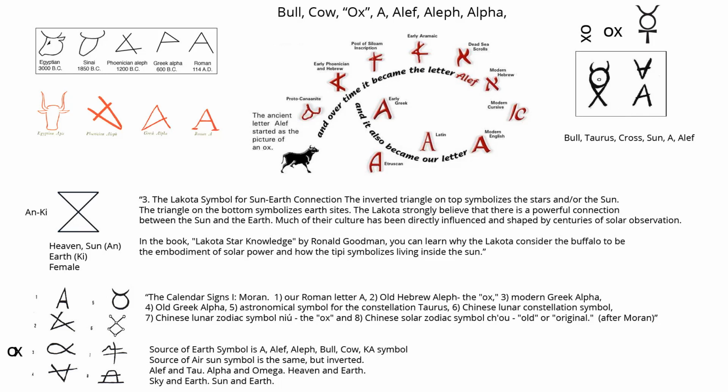So the Lakota symbol for sun-earth connection is the inverted triangle on top, which symbolizes the stars and or the sun. The triangle on the bottom symbolizes earth sites. So normally people say, oh, well, the top triangle always symbolizes masculine and the bottom triangle always symbolizes the feminine. Well, here we have the feminine sun. The feminine stars, as I've been saying, the air symbolism. The air is the upright triangle, and you want to say, oh, that's always masculine.